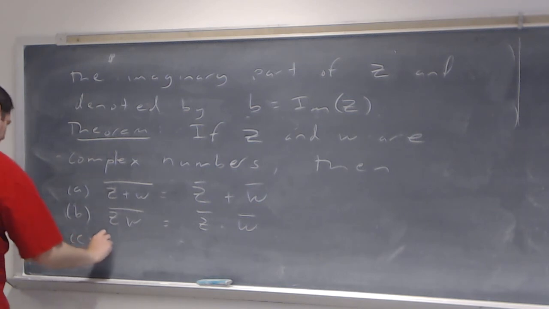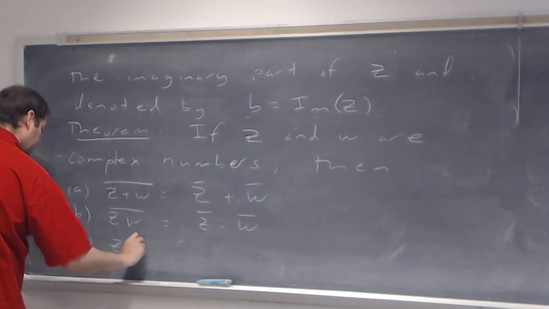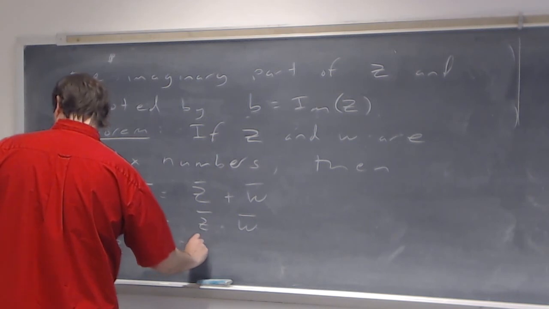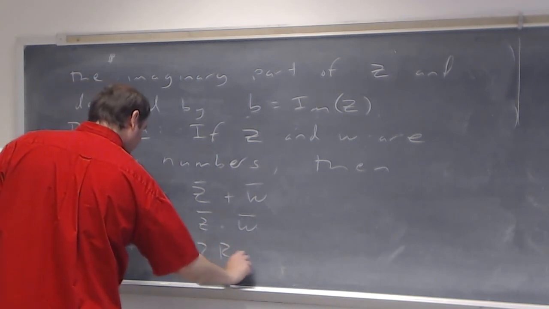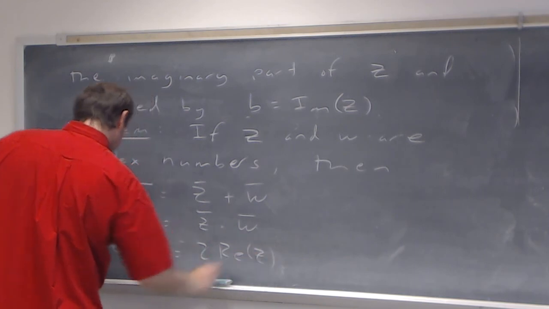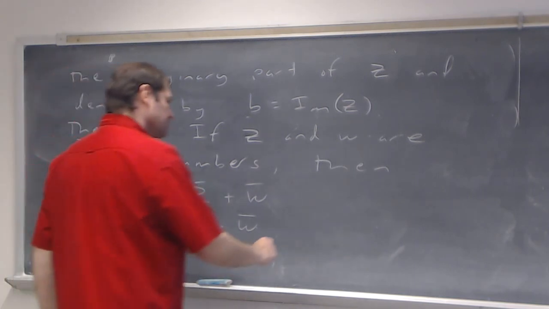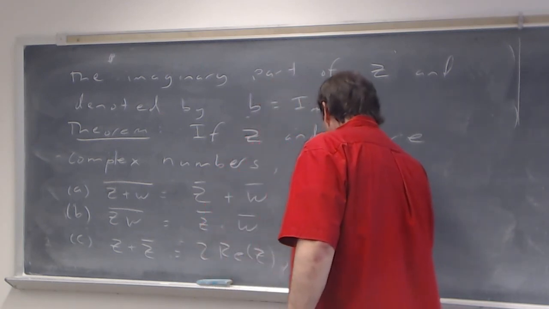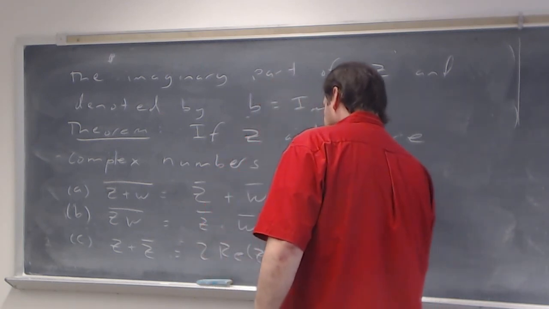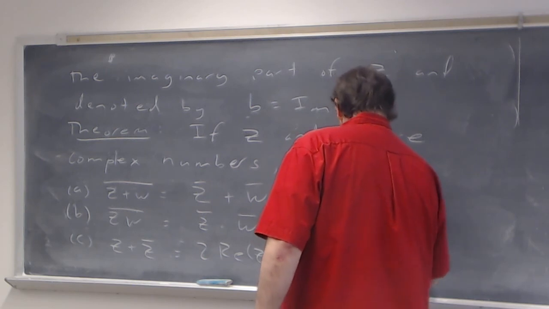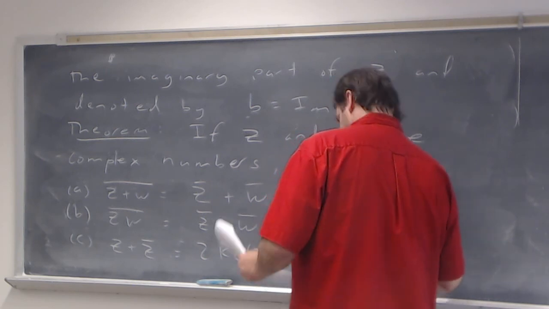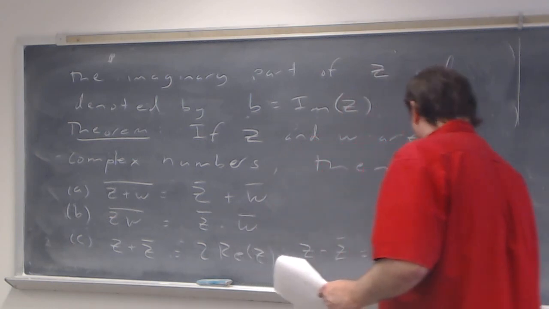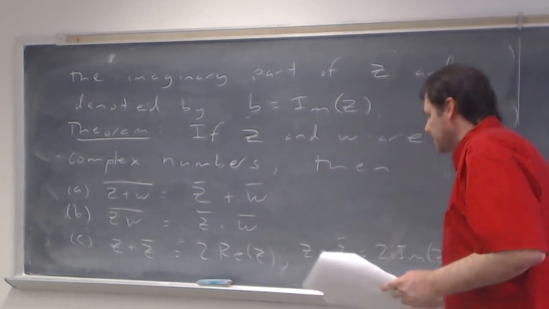C, Z plus its conjugate is equal to 2 times the real part of Z, and also Z minus Z conjugate is equal to 2 times I times the imaginary part of Z.